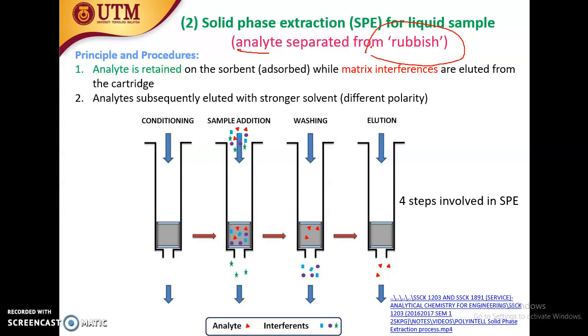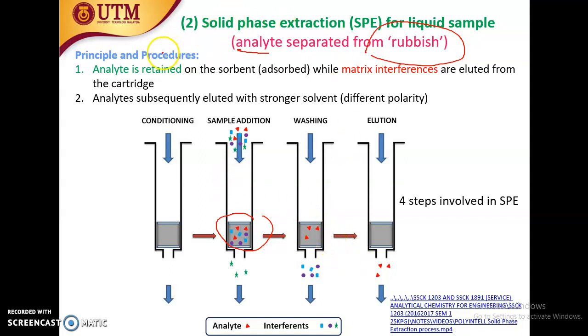In SPE, it is the other way around. The one that you want, we retain on the cartridge. Then you can do several washes to discard the matrix, and then you will get a very good concentrated analyte.